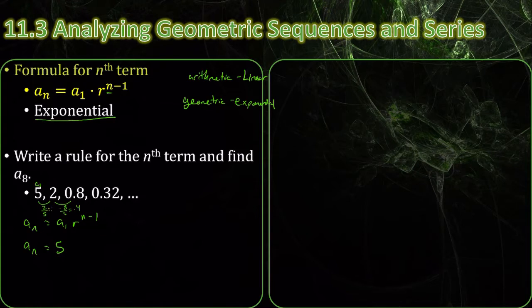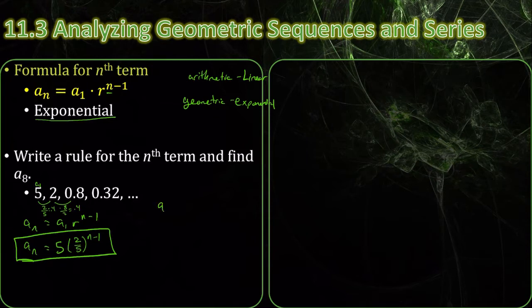Well, 2 over 5 is 0.4 also. So our r is 0.4 or 2/5. So there's our rule. It's nice, you don't have to simplify. In fact, you cannot multiply the 5 times the 2/5 because the 2/5 has the exponent and the 5 does not.